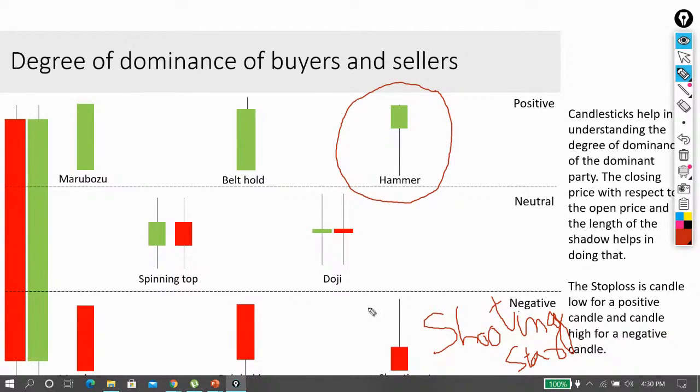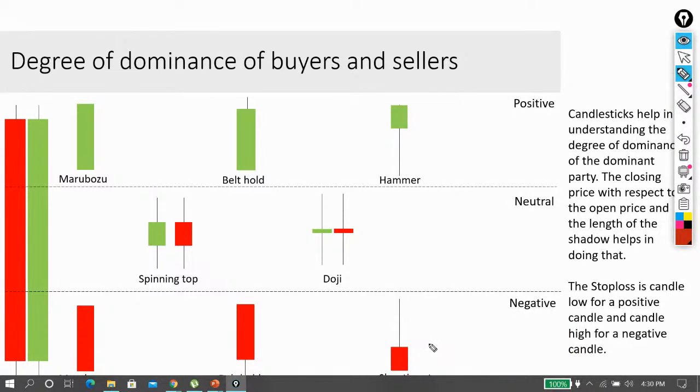Now, how to understand the psychology here? The psychology is similar. Price opened here, made a high, sellers came in, it fell. So the trajectory here, how would it look like? Price opened here, made a high, sellers came in, they pushed the price. This is how it will look.